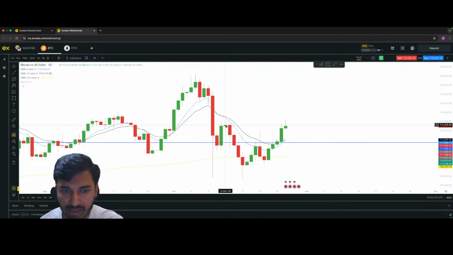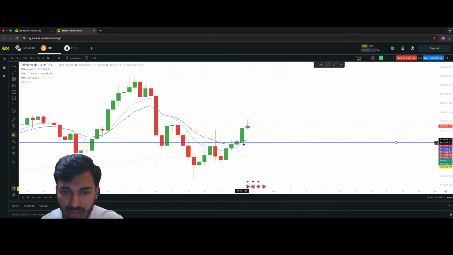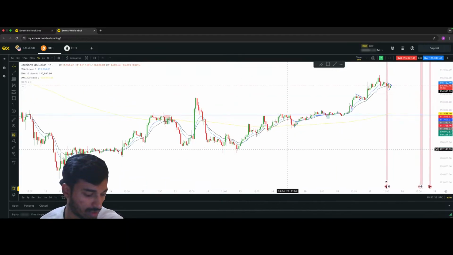Here there is some resistance, because this is a pullback of this wave from here. If this breaks, then it may go up, or else it may pull back. And in the one day candle also, the 9 EMA is coming above, so it is bullish. Next I am seeing it in the 1 hour. In the 1 hour also the trend is in a bullish direction.